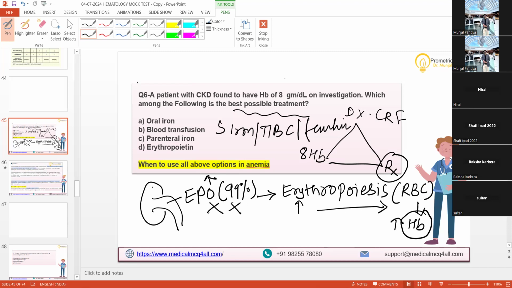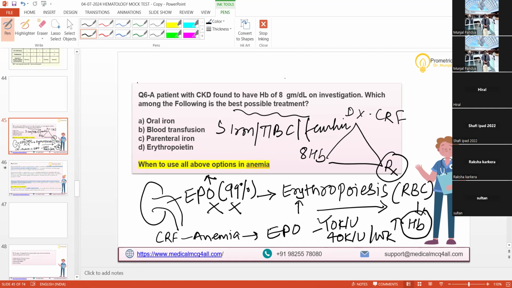Almost every CRF patient in your hospital rounds is anemic, and they are all on EPO, that is erythropoietin. Maybe 10,000 units per week subcutaneously, or at most up to 40,000 units per week. You usually start with 5,000 or 10,000. If there is no response, then go to 20, 30, max 40. This is how we escalate the dose.